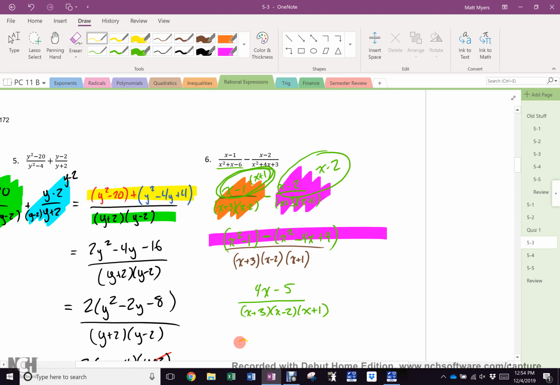And, of course, x cannot equal negative 3 or negative 1. Okay?